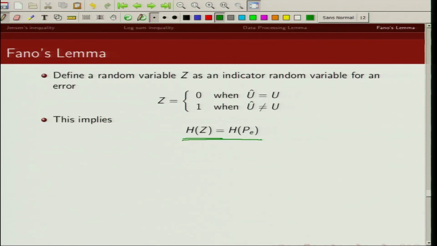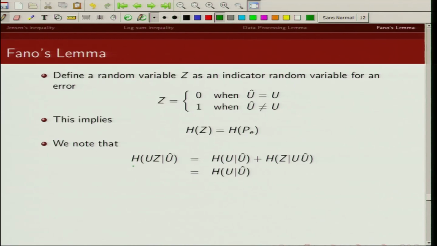With probability 1 minus P_e there is no error, and with probability P_e there is an error. So the entropy of z will be given by minus P_e log P_e minus (1 minus P_e) log (1 minus P_e), which is nothing but the binary entropy of P_e.